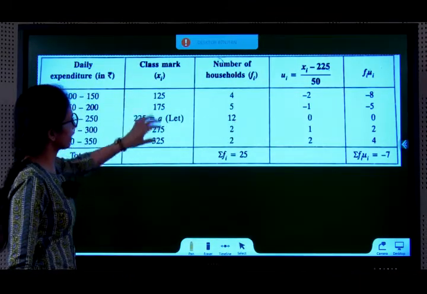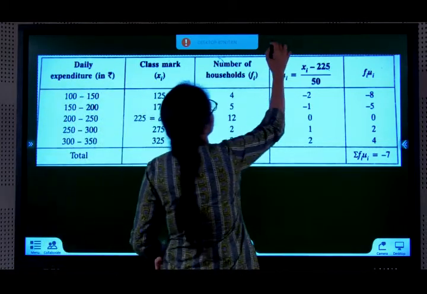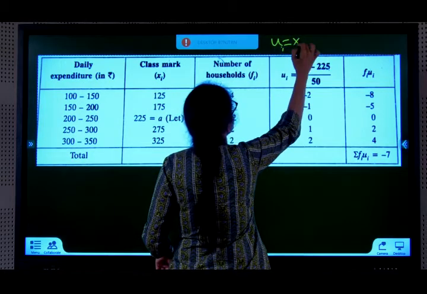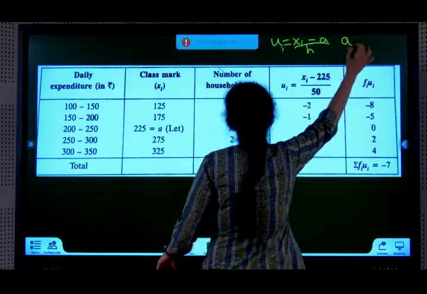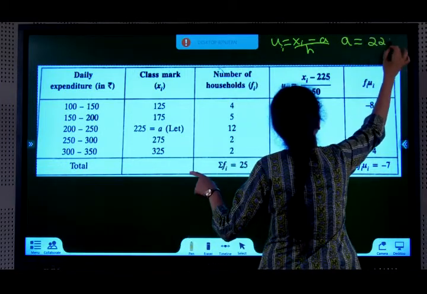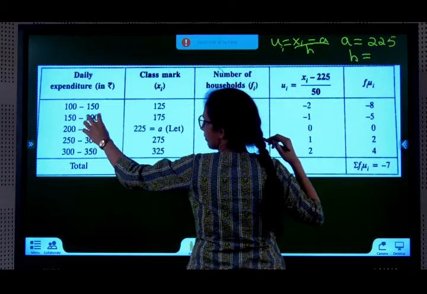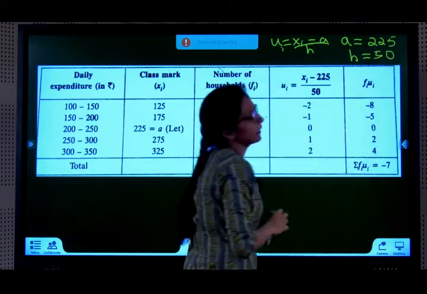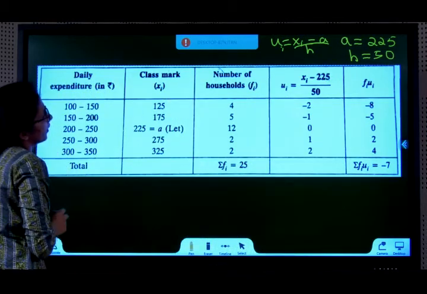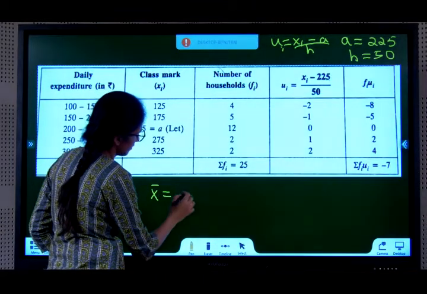There are 5 here, so middlemost is 225, that's the third one. So u is equal to xi minus a by h. A we found the assumed mean to be 225, and what was the h value? Subtract any two upper limits or lower limits. 250 minus 200 is 50, so I took it as 50 here. Now substitute and find the answer.